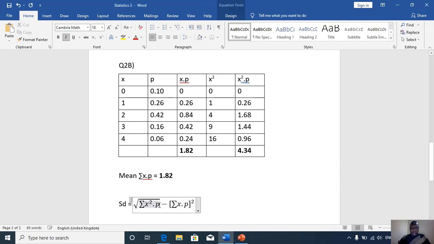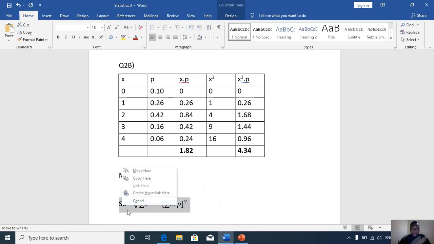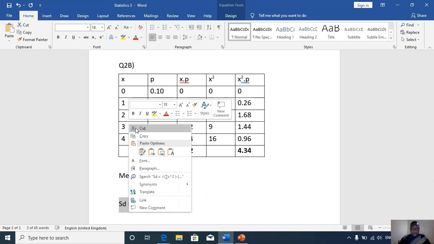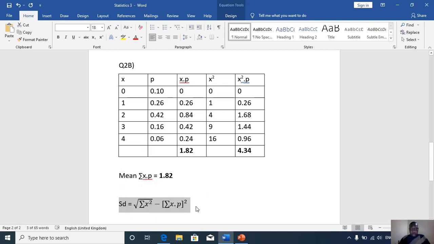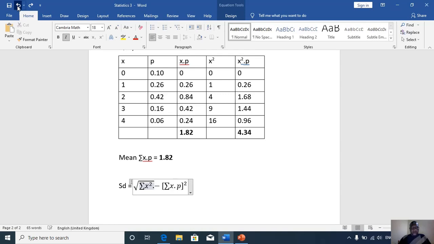So we know that summation x squared multiplied by p is 4.34. So let me just copy it down there. So summation x squared p. Okay, so that's the complete formula now.